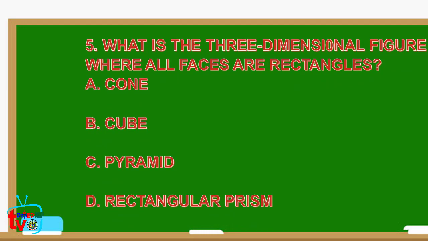Number 5. What is the three-dimensional figure where all faces are rectangles? A. Cone. B. Cube. C. Pyramid. D. Rectangular prism.